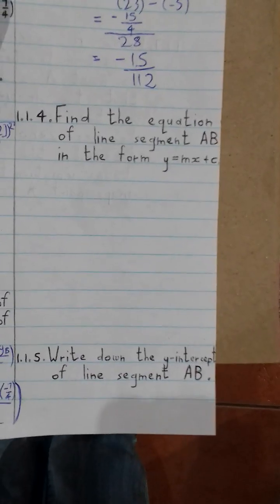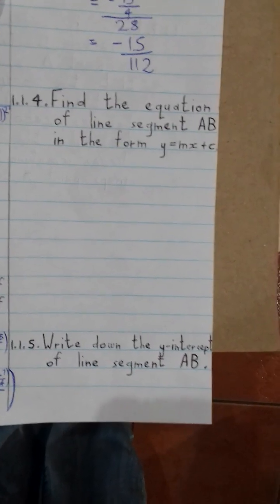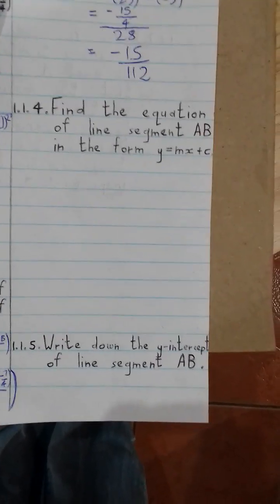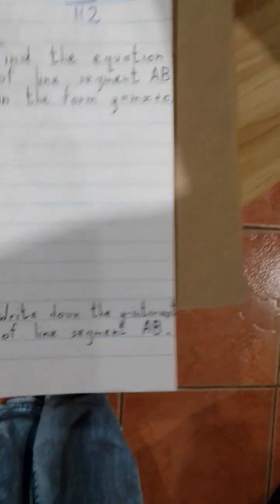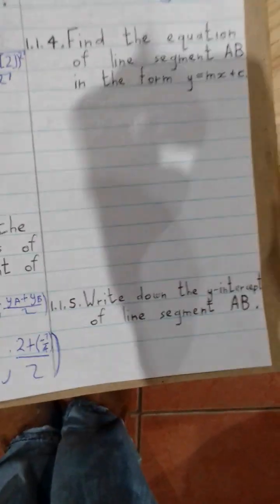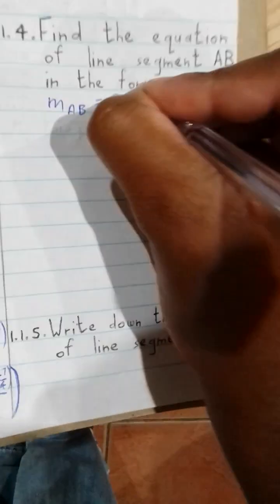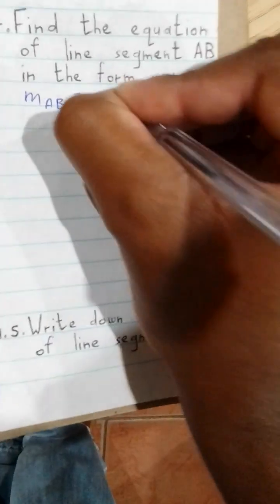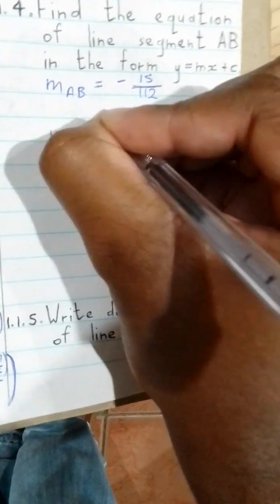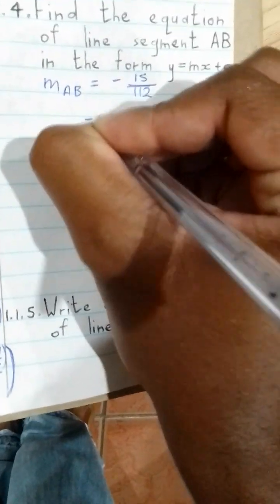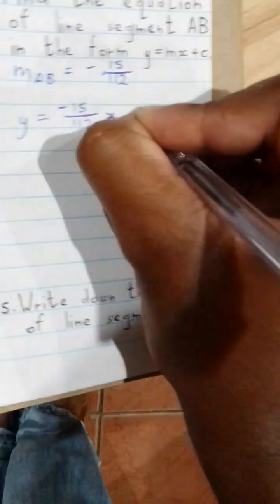1.1.4 states, find the equation of line segment AB in the form y is equal to mx plus c. Okay, so we already have the gradient of AB, negative 15 over 112. Y is equal to negative 15 over 112x plus c.